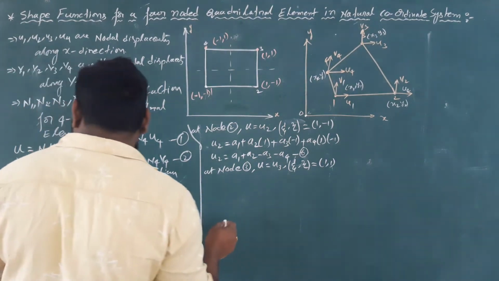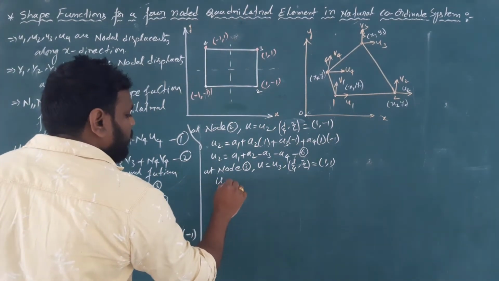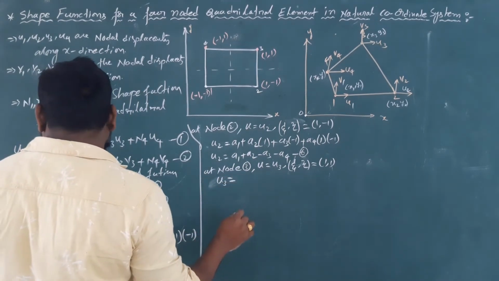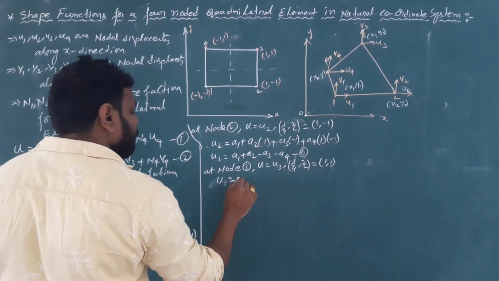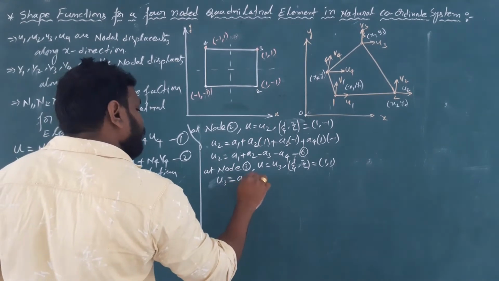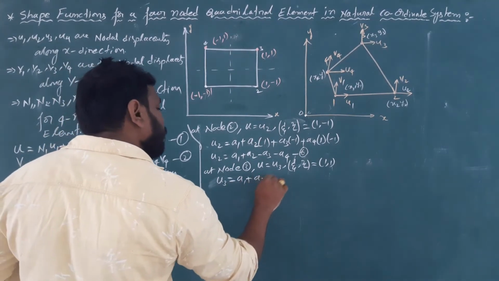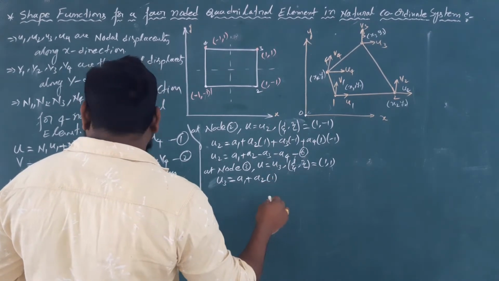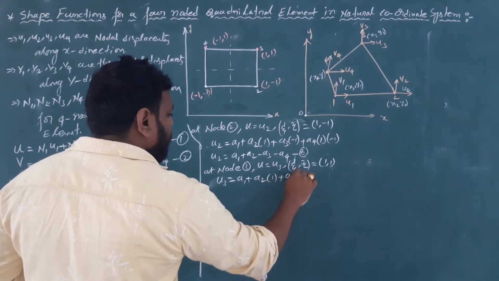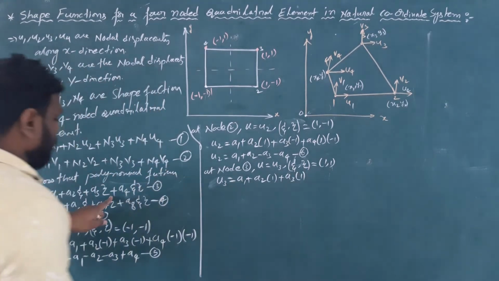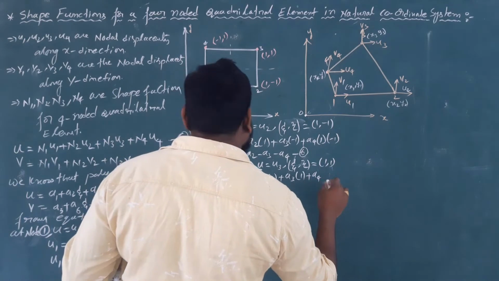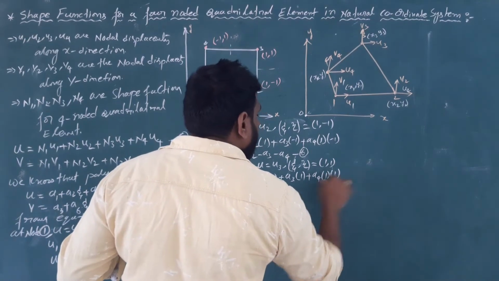We will get u3 = a1 + a2 times ξ value 1 + a3 times η value, also 1, + a4 times ξ into η, that is 1 into 1.